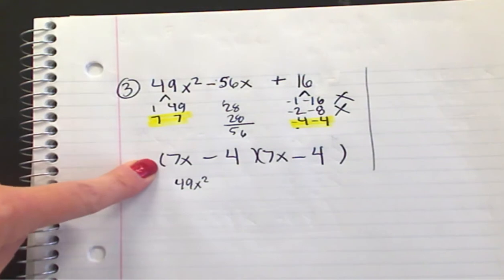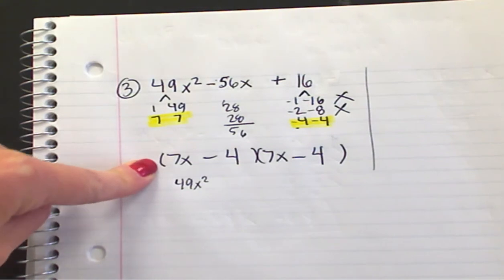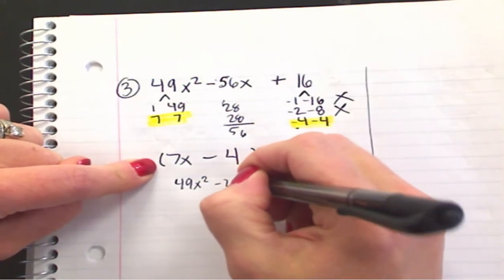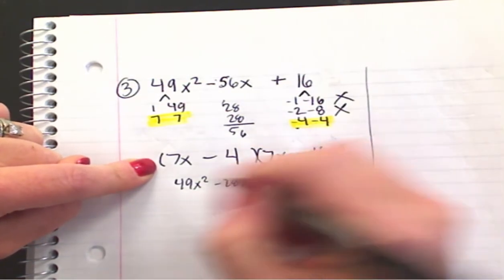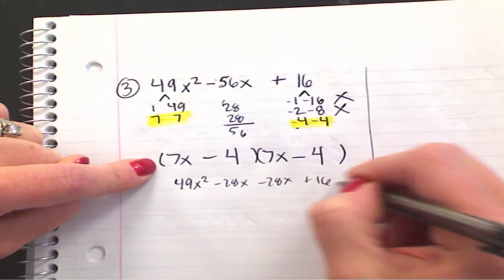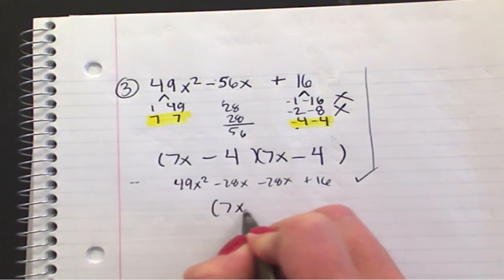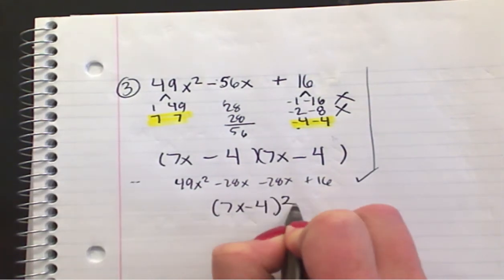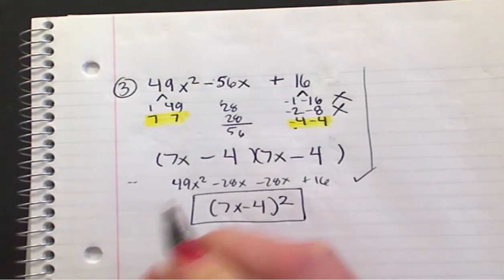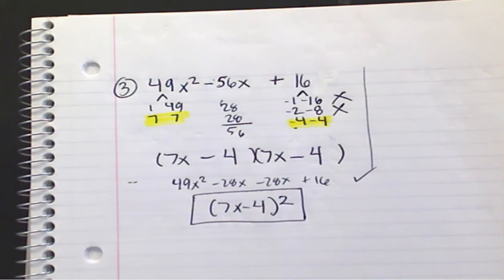Guys, I actually expect you to FOIL in your head, but I'm writing down that I am checking my work. Minus 28 plus 16. Oh, isn't that the same thing written twice? It's called a perfect square trinomial.